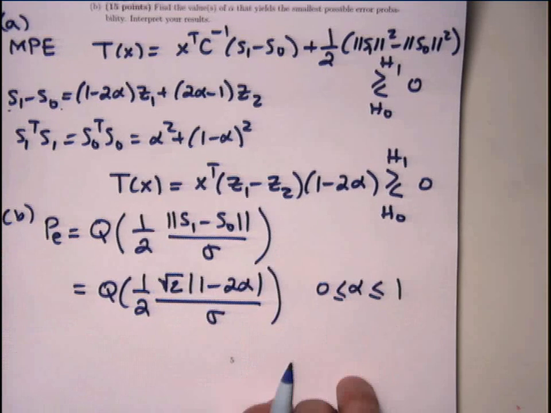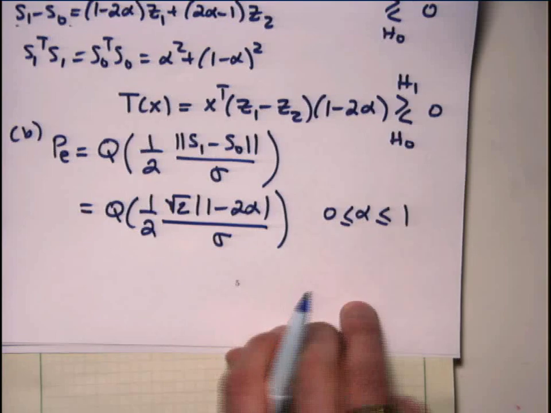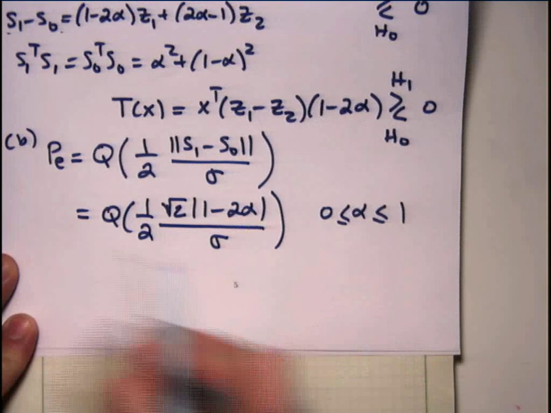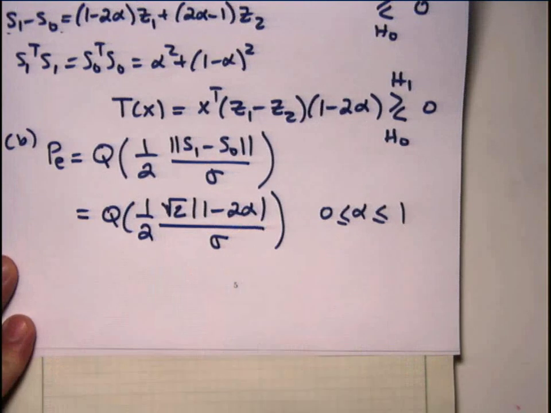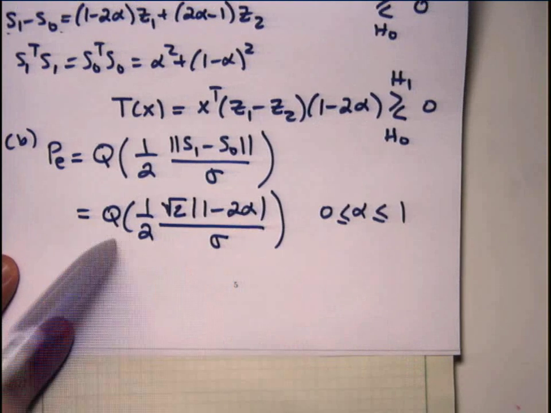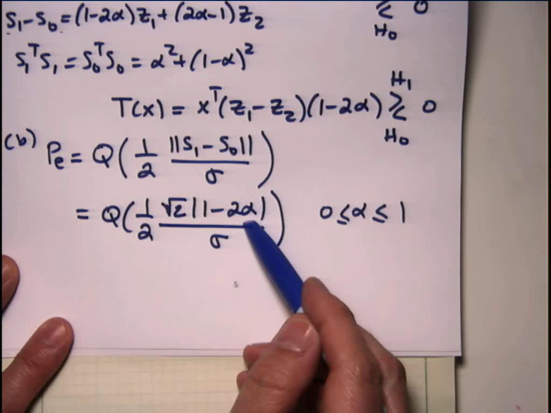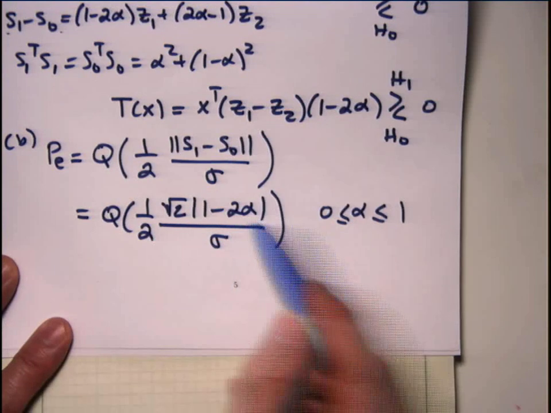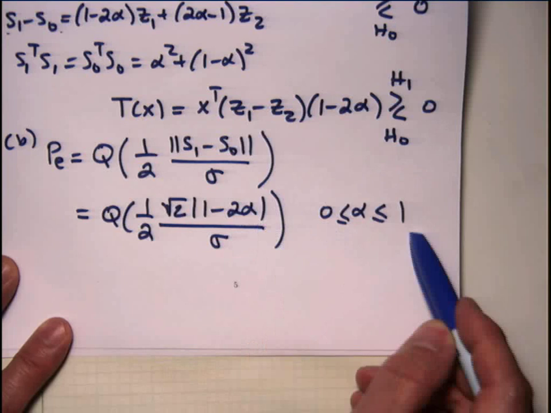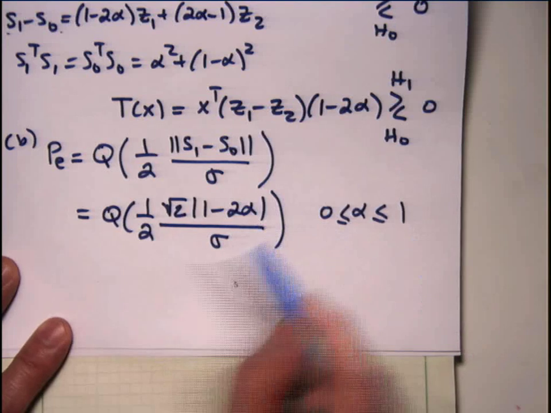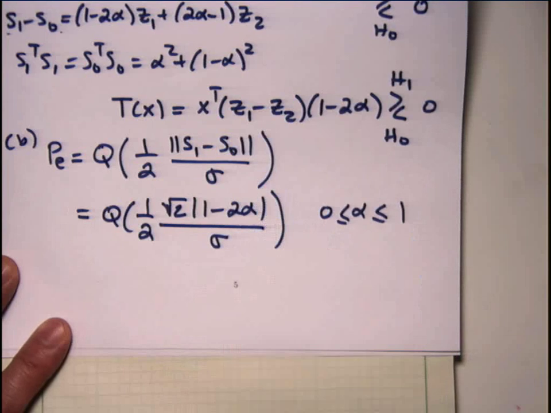Okay, so now the question is, how do we choose alpha so as to minimize this quantity? Now if you remember, Q is the right-tailed probability. The right-tailed probability will be minimized when alpha is equal to either 0 or 1. Why? Because the expression inside will be as large as possible.